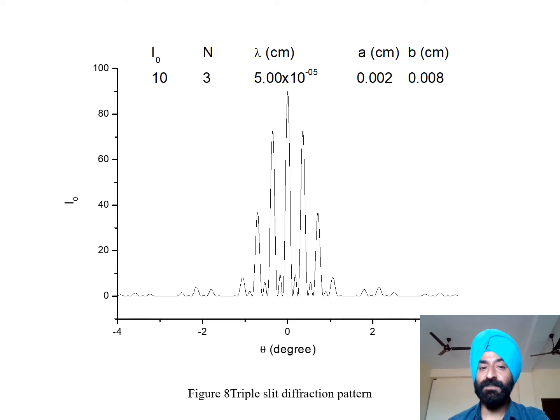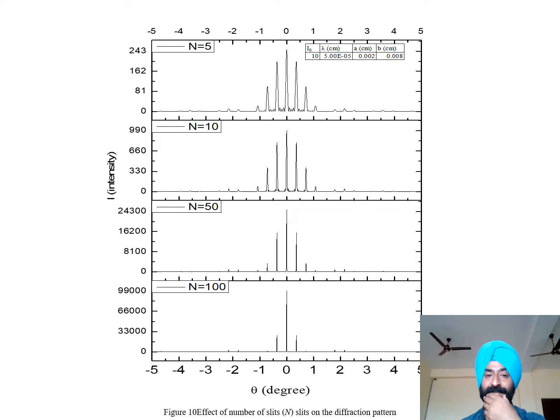Similarly, the three slit diffraction pattern is almost the same, but between two maxima we get a surrounding maximum, and you get n minus 1 minima and n minus 2 maxima. This effect we can check for n is equal to 5, n is equal to 10, n is equal to 50, and n is equal to 100.